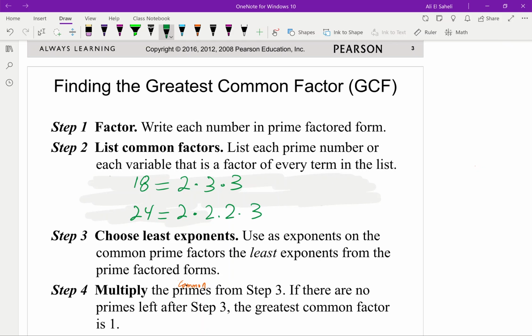List each prime number or each variable that is a factor of every term in the list. So now we look at the common ones. Here we have 2, and these are common, so we have 3.